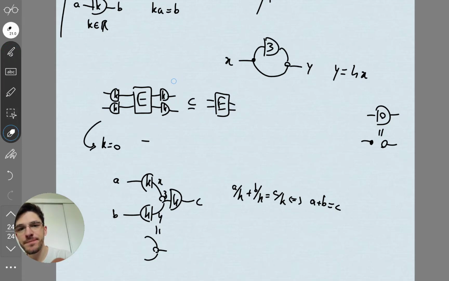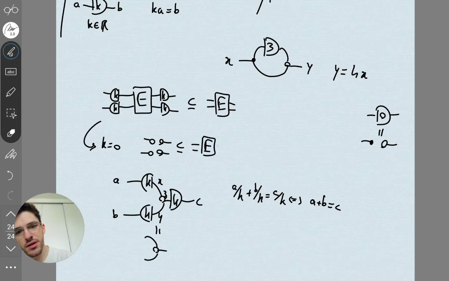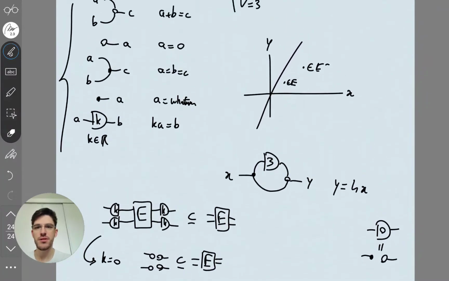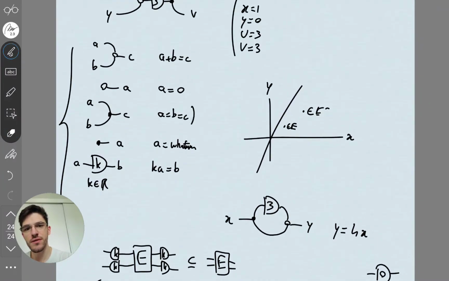So take x, y, u, v in E and multiply them all by 0, and they need to be in E. In other words, if we set all of them to 0, we need them to be in E. That's again a strong statement, because it means that 0 always validates all our equations. And, well, it turns out it does. Obviously this one: if a equals b equals c equals 0, then they're all equal. This is true for anything, it's true for 0. Well, k times 0 equals 0. So 0 is always a solution.